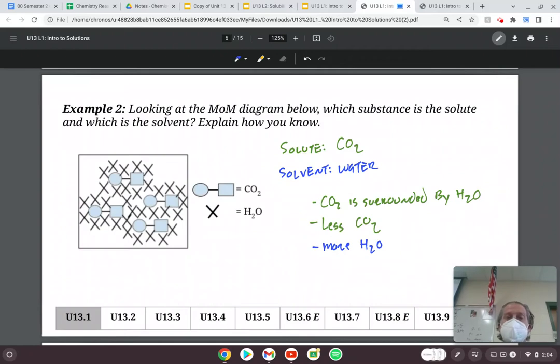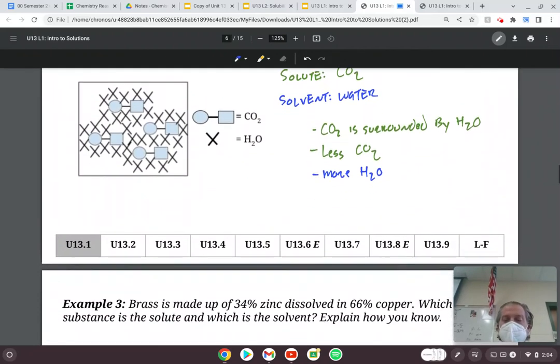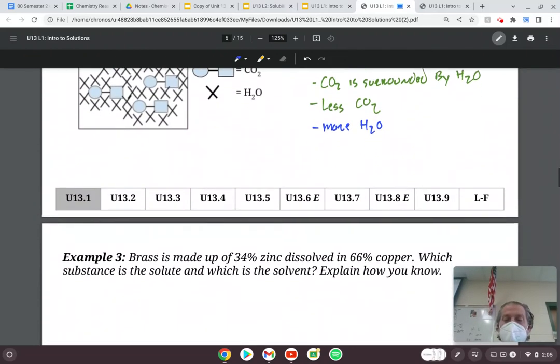And then the next example here is brass. Brass is an alloy. It's a mixture of, in this case, zinc and copper. And we're trying to identify what is the solute and what is the solvent here.